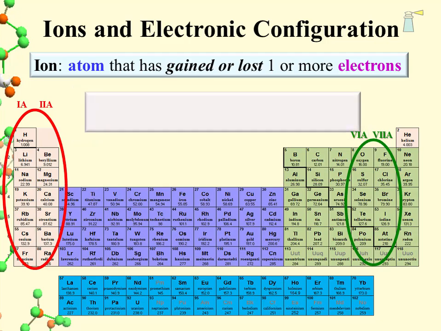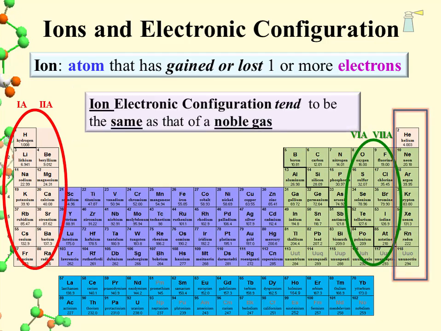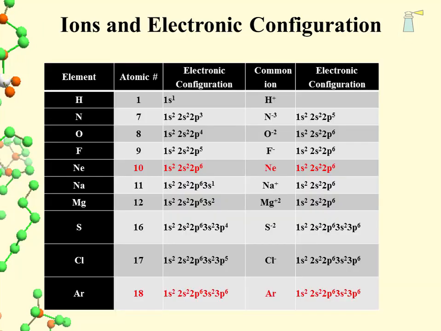A useful tip is that ion electronic configurations tend to be the same as that of their nearest noble gas. A table comparing an atom's EC with its corresponding ion's EC will show us what ions an element tends to form if its motivation is to achieve a noble gas electronic configuration. We will limit ourselves only to the most common ion for each element.